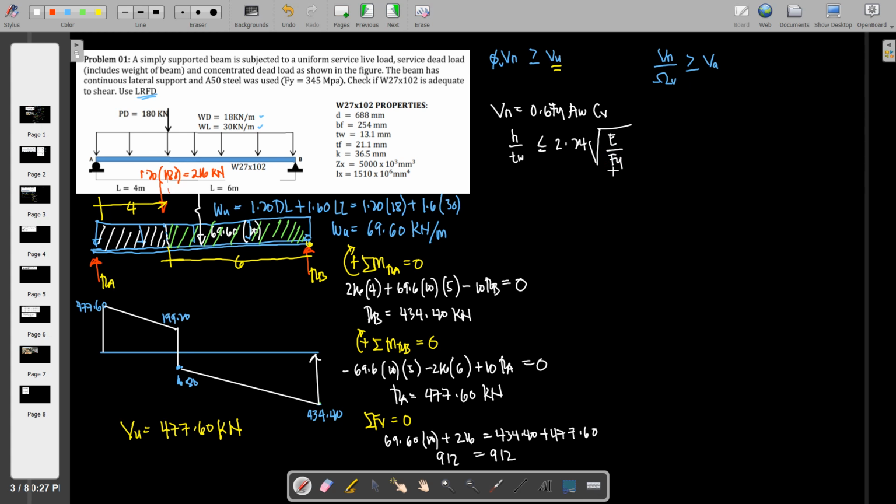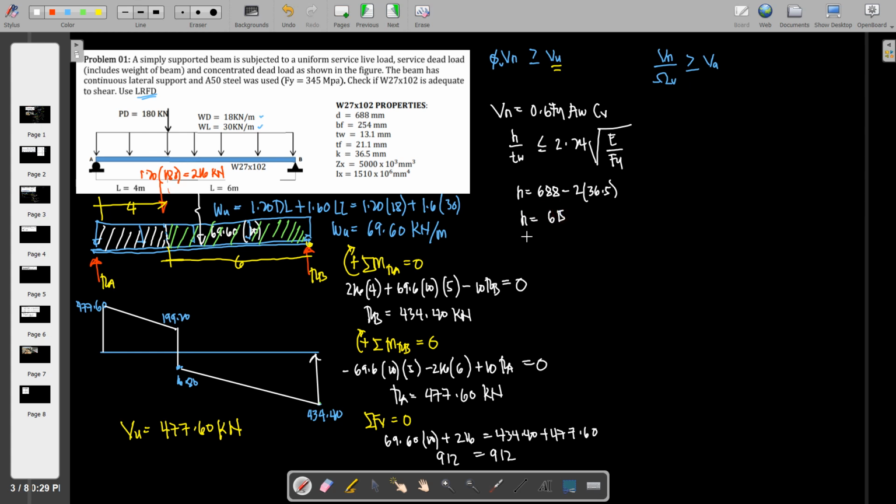Okay, so our h here is what? h is equal to overall depth, 688 minus two k, 36.5. So this shall give us 615, no?